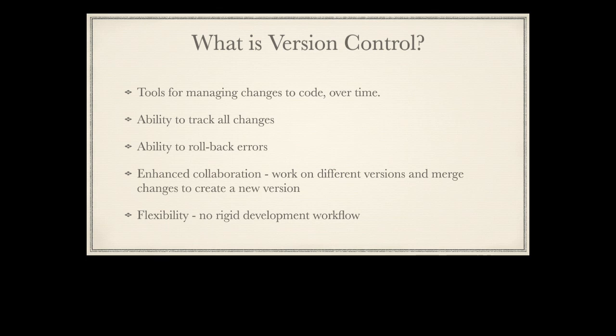You are able to work, for example, on large teams. You might need to work on different features at the same time, and you are likely going to be working on those different features off the same base. Let's say we had a version 1.0 of our application, and team A should implement a feature A, and team B should implement a feature B. They both most likely would work off version 1.0.